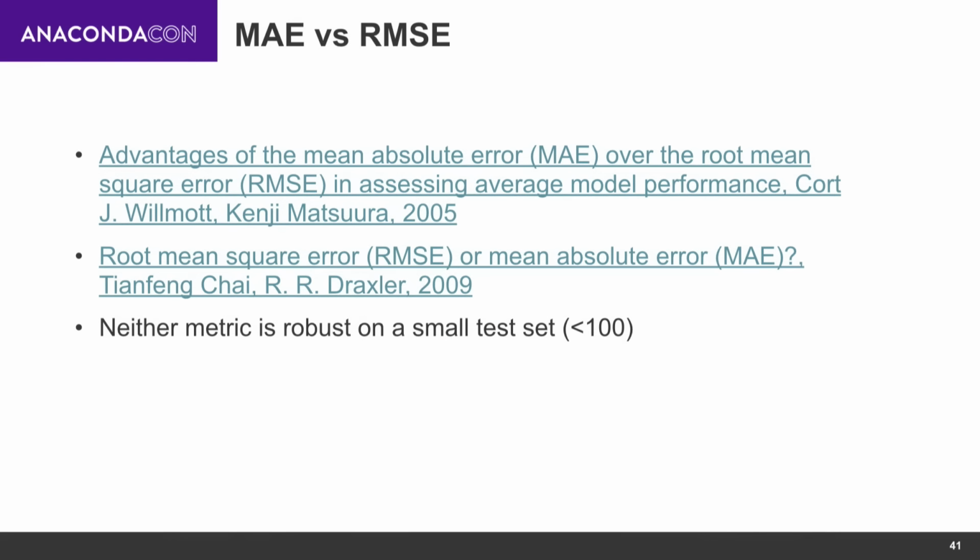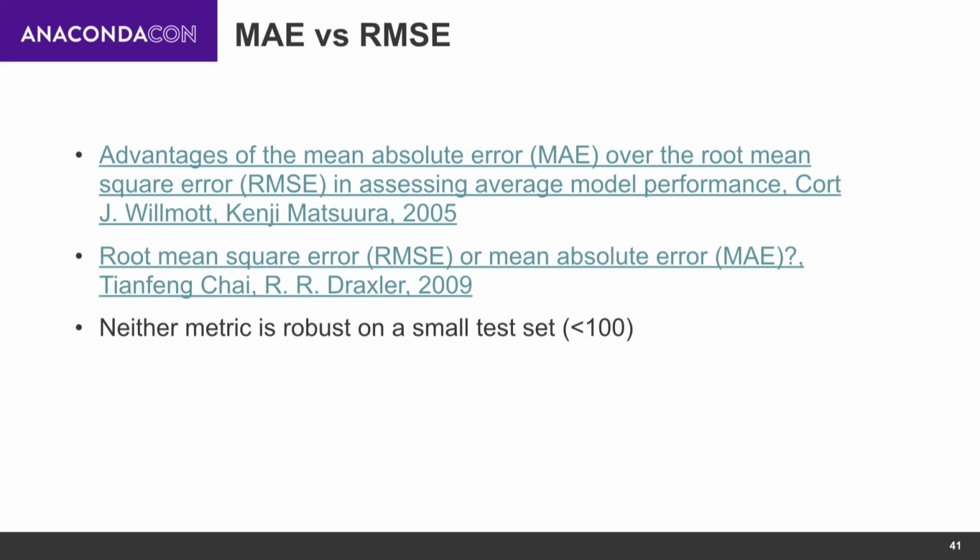And there's a lot of debate, and you're going to see a lot of tutorials saying you should use mean absolute error and not RMSE for evaluating your model, because RMSE is inappropriate and it misinterprets the error. And these articles are mainly based on the paper that was published in 2005 by Willmott and Matsuura.